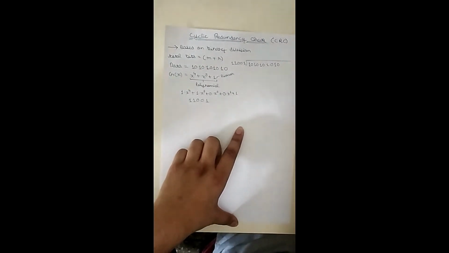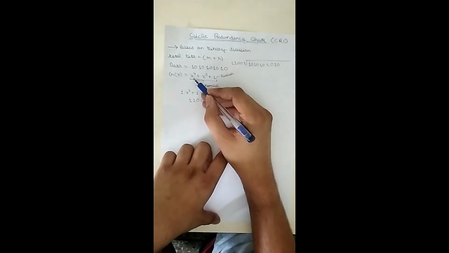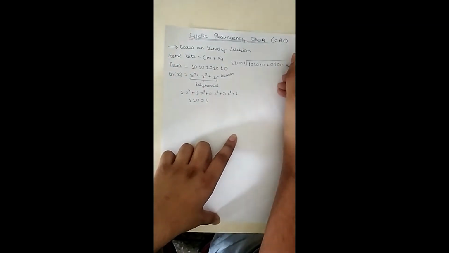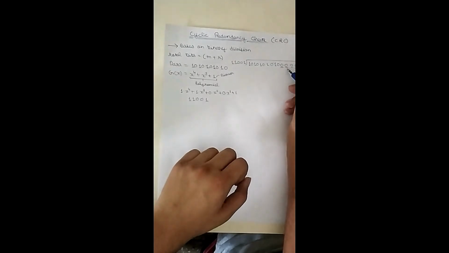So what are the redundant bits? In this polynomial, the maximum degree is 4, so we will add 4 zeros to it: 0 0 0 0. These are the 4 redundant bits that we will use for the checksum.